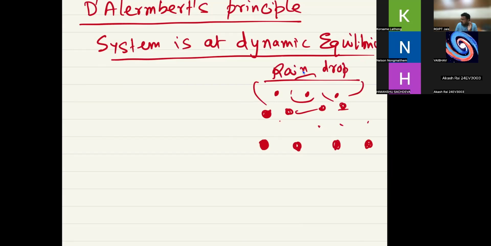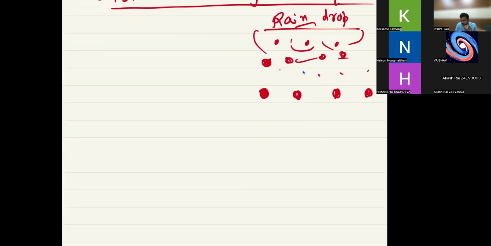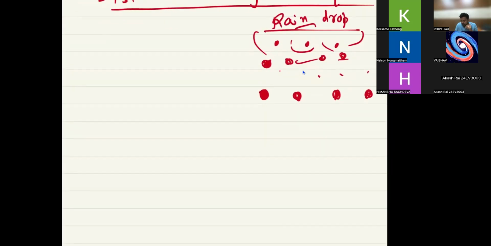This is one example of dynamic equilibrium. There is a gravitational pull on these raindrops, which is their mass into acceleration. But the raindrops also face air drag, because as they fall down, because of the viscosity of air, there is some force acting in the upward direction.